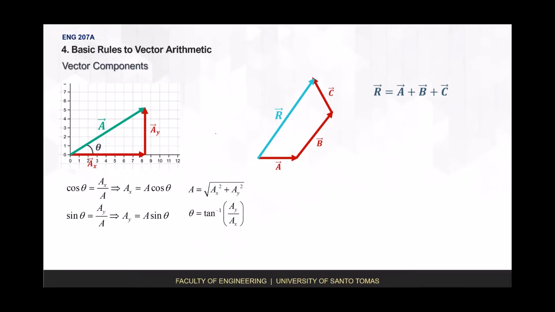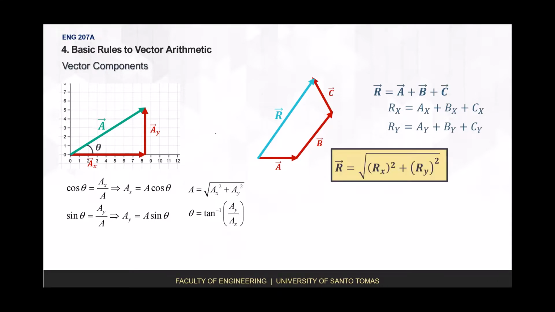The horizontal components of R is the summation of all the horizontal components of vectors A, B, and C. Likewise with the vertical components. Ry is just the summation of the vertical components or y components of A, B, and C: AY, BY, and CY. And you can also use your principles to get R squared equals Rx squared plus Ry squared. And also this.